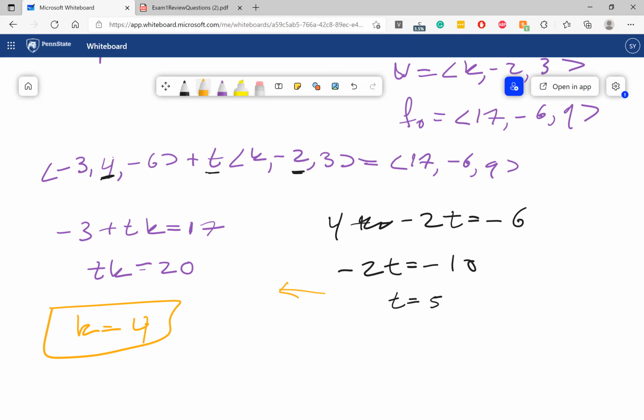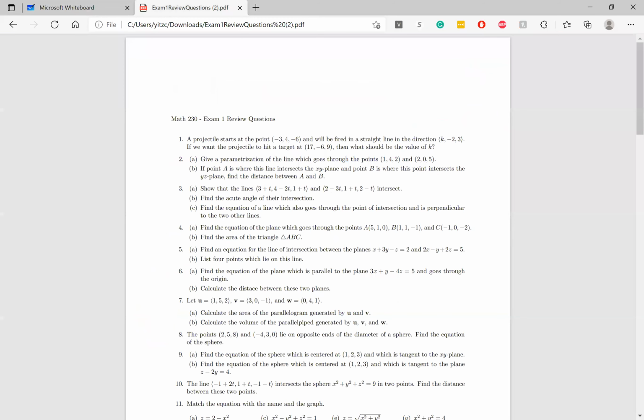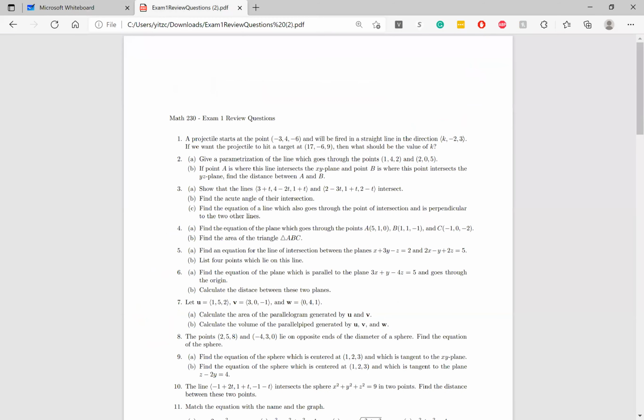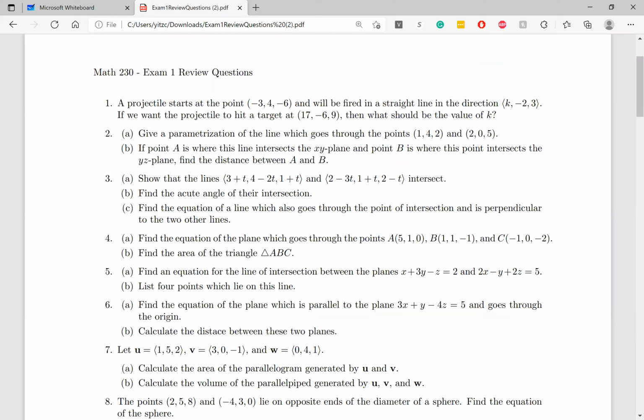So the second problem says give a parameterization of the line which goes through the point (1, 4, 2) and (2, 0, 5). And okay, so let's start with that.